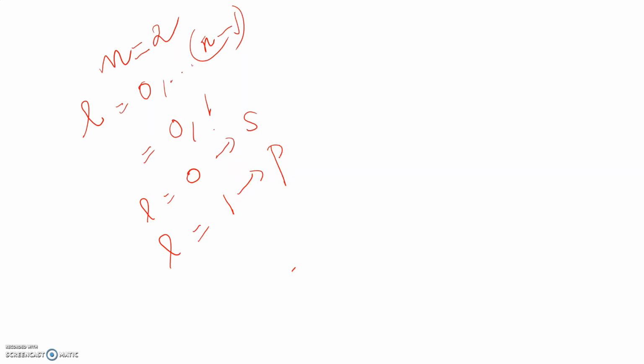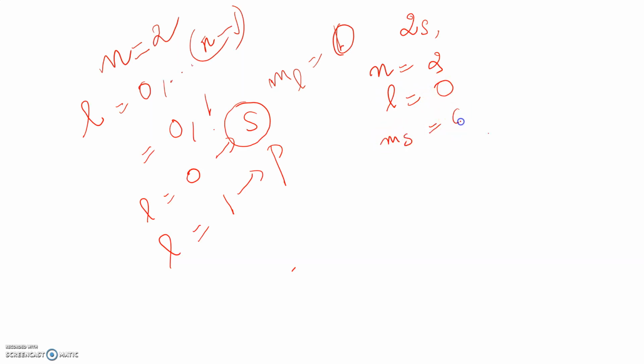In the last example we saw that for L equal to 0, ml can have only one value, and that is 0. For an electron in the 2s orbital, n is 2, L is 0, and ml is also 0.